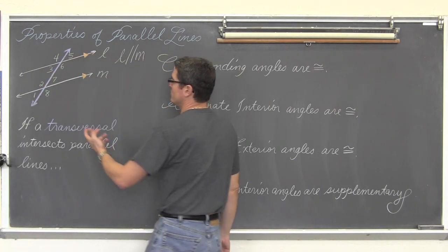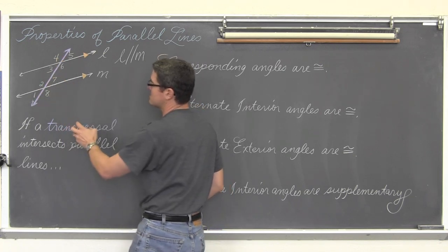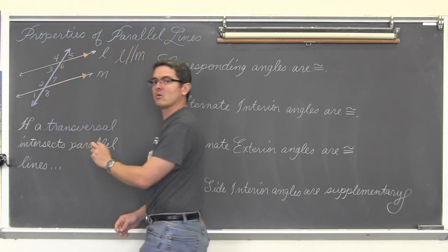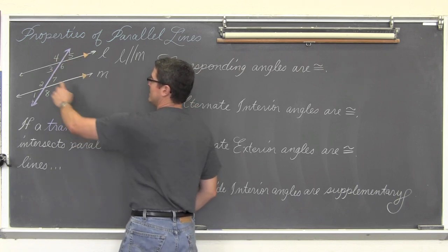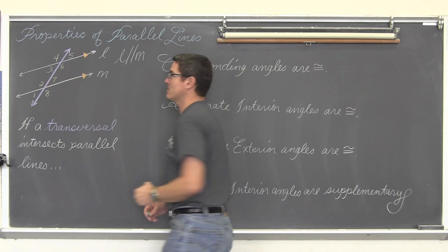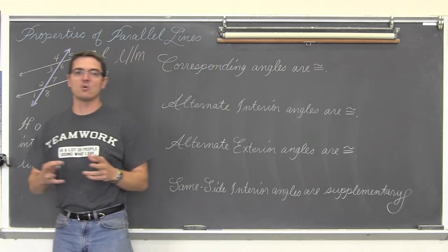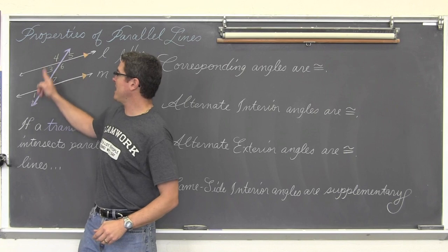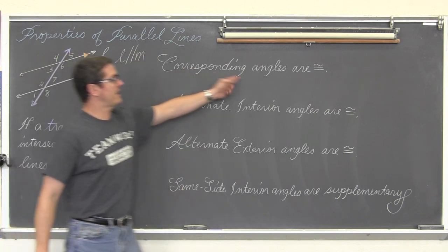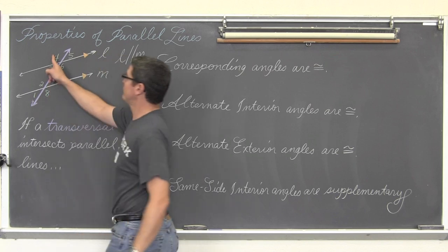Corresponding angles. When you look at these two intersection areas here, let's say in the upper left-hand corner of the first intersection area and in the upper left-hand corner of this second intersection area, I have angles 4 and 2. Well, instead of just saying 4 and 2 are corresponding angles, we're now able to say that they are congruent. Let me write all those pairs out for you. We have 4 and 2.